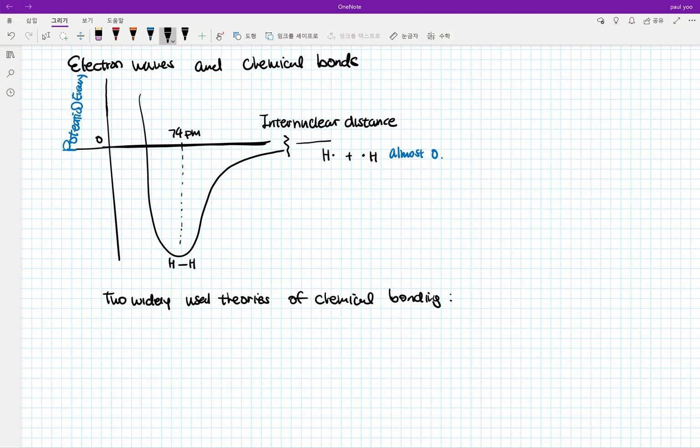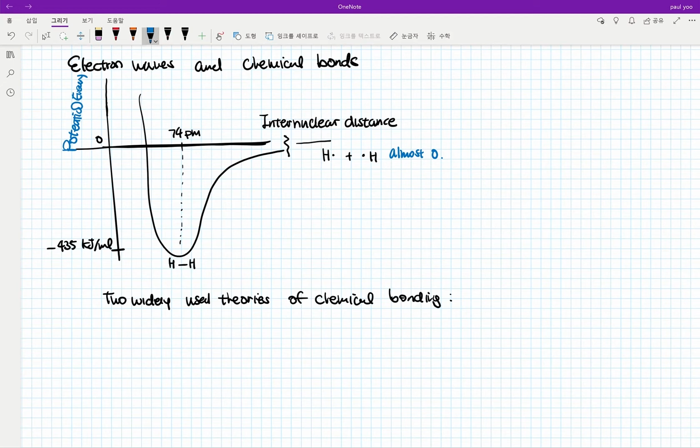Here the potential energy is the lowest, and we say this is the most stable point. The potential energy here is approximately negative 435 kilojoules per mole.